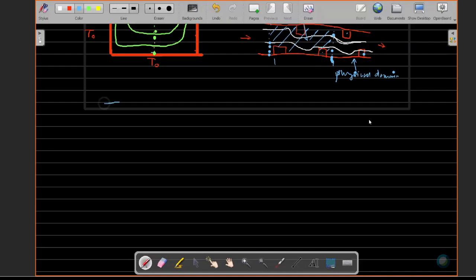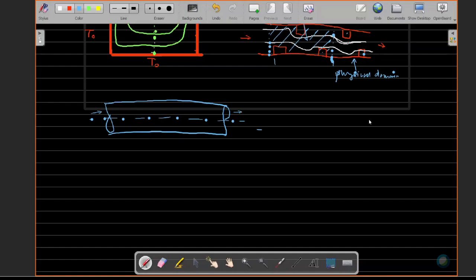So this is the pipe, drawn without straight lines for my drawing, and this is the axis. Now here the flow is going from left to right.